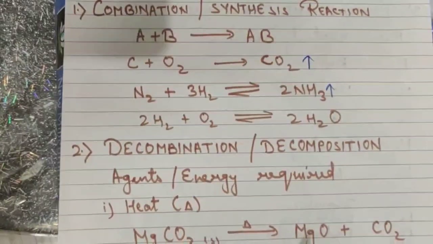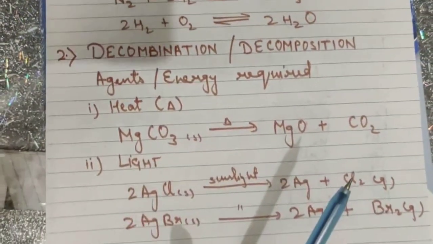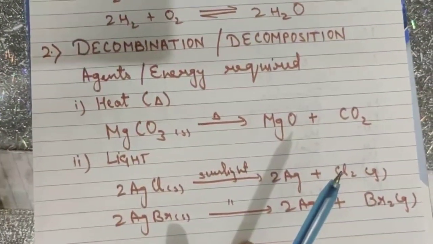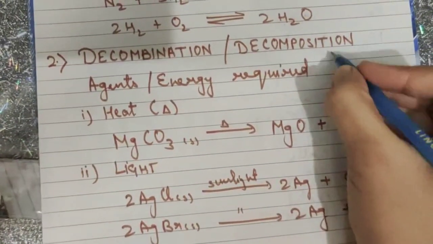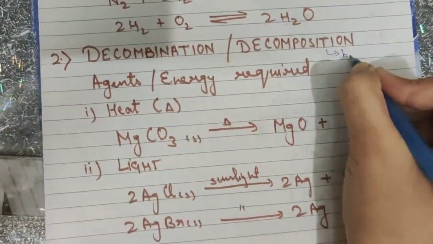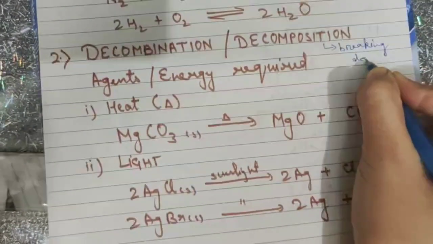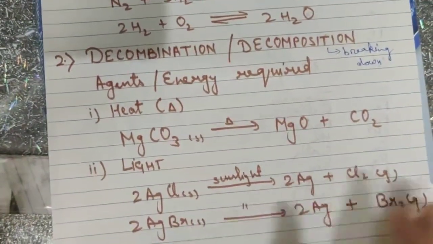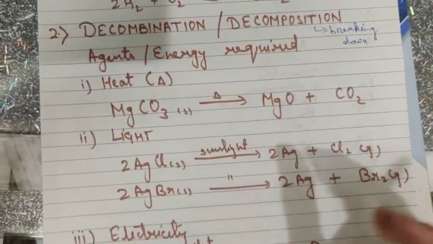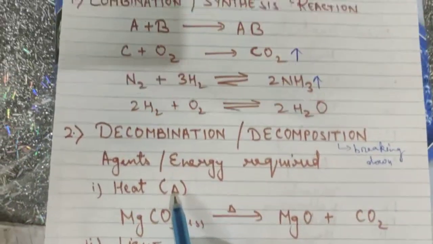Now the second type of reaction is the decomposition reaction. Decomposition means breaking down. So this reaction is just the reverse of type 1, that is, the combination reaction.